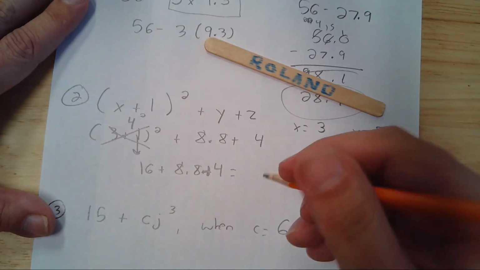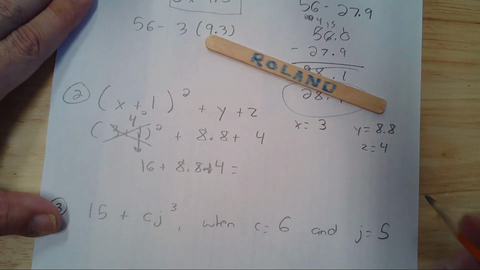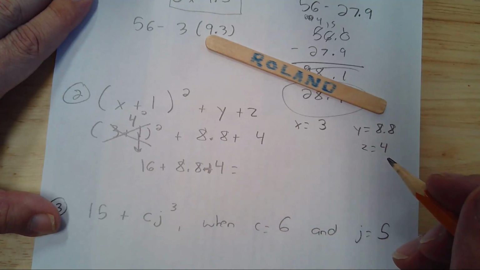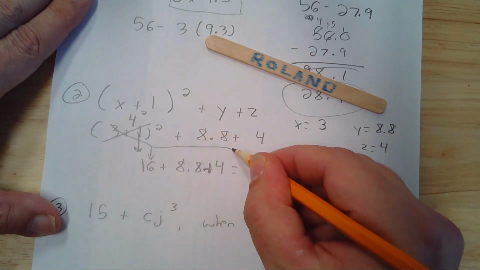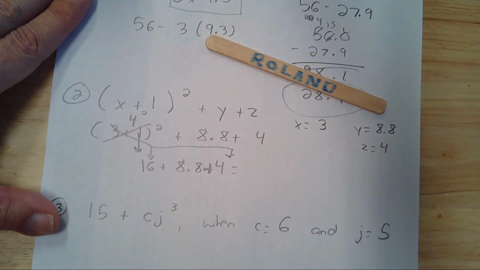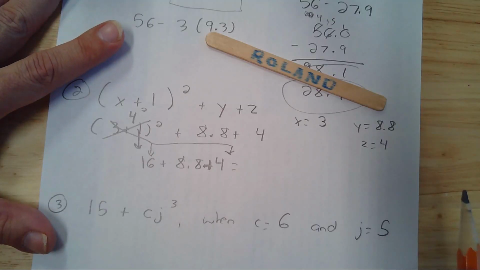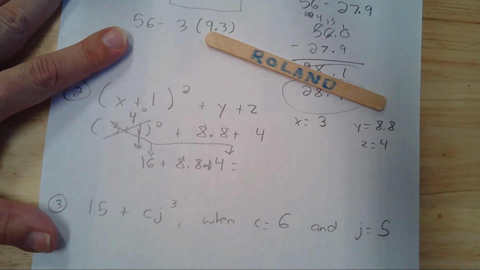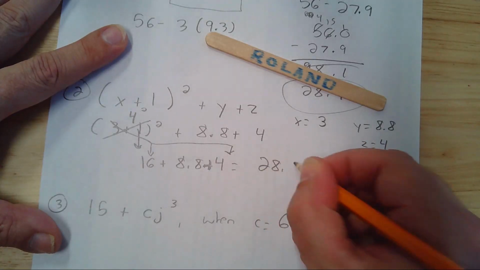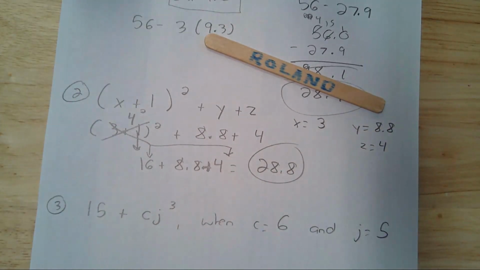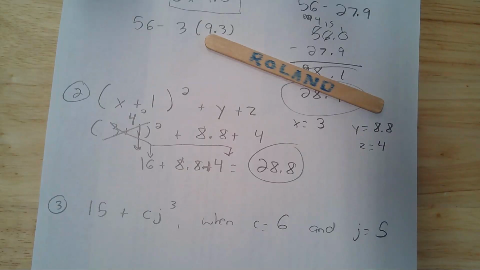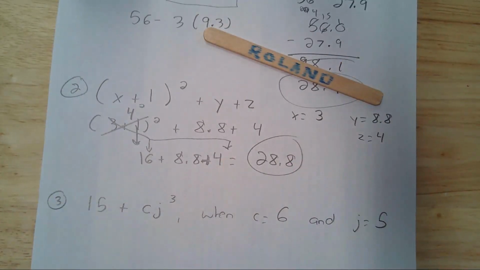What's the answer? 18 and 8/10. Or wait, no. What's 16 plus 4? 24. What's 16 plus 4? Oh, 20. Plus 8 and 8/10? 28 and 8/10. Right. I would add 6 plus 4 first, personally. I get a nice little 10 family they gave me right there.